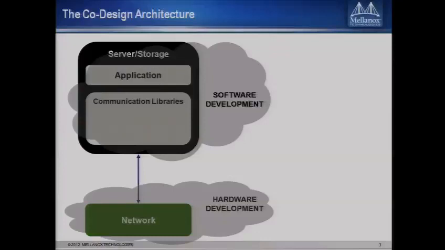At Mellanox, we were very much concentrated on hardware development and providing very efficient, fast networks for the server platforms. And what we saw is that the software development of the communication libraries was being done separately from our hardware. In other words, we weren't involved very much in the actual application and communication library programming to the networking interface.